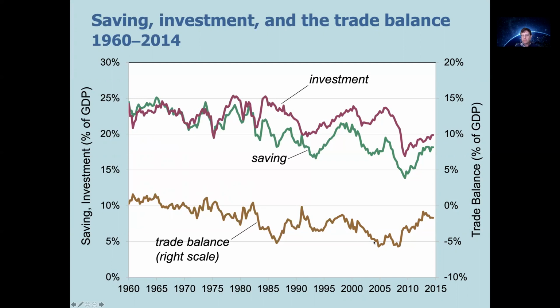A trade deficit is what you expect if investment is above saving. And you can see up here that since 1982 or so, we've always had investment above saving. And since 1982, we've always had a trade deficit. Given that this is the zero line, it's not like we had a huge trade surplus before that, but we've had a pretty big trade deficit since about 1982.